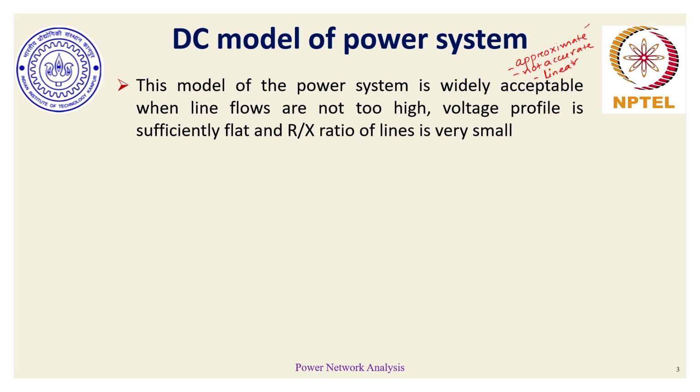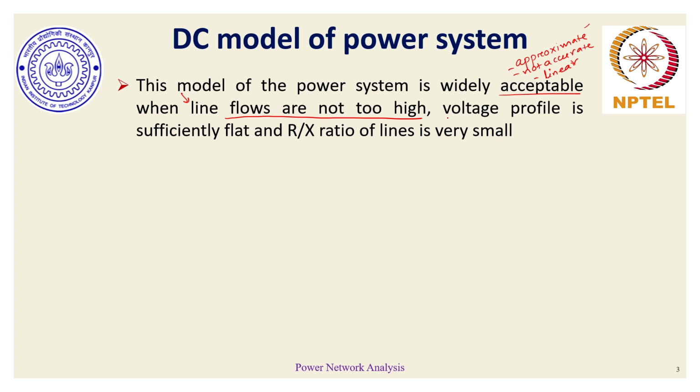This model of the network is acceptable to power network engineers when the operating conditions are such that the network is not loaded in terms of real power or reactive power flows, which means the line flows are not very high. The line flows will not be very high when the system load is not very high.